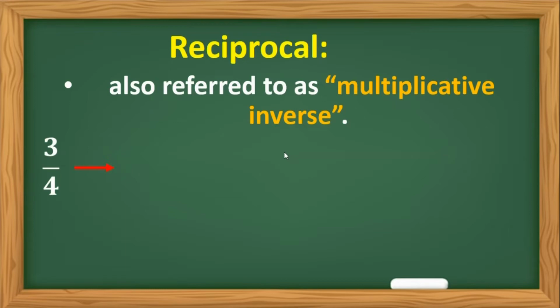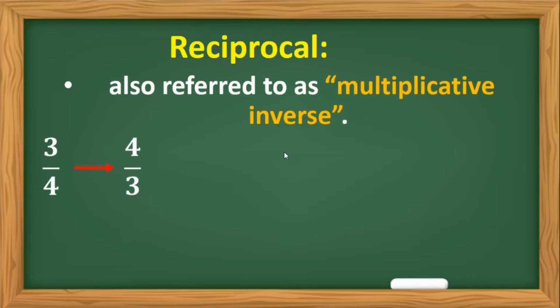The multiplicative inverse of 3/4 is 4 over 3, meaning in the first fraction, our original fraction is 3/4. The numerator is 3 and the denominator is 4. In the multiplicative inverse, the 3 numerator becomes our denominator and our denominator will become our new numerator. So 3/4 becomes 4 over 3.